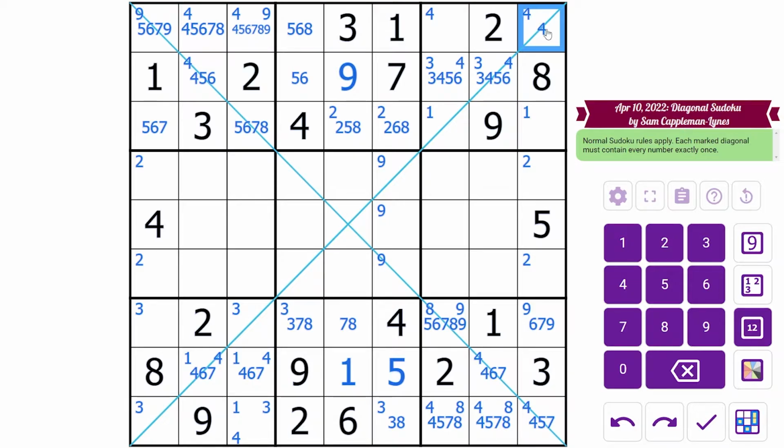It doesn't see its 4. It sees 5. It doesn't see 6, 7. So this is a 4, 6, 7. And here we've got our 1, 2, 3. Is that it? It is. So 4, 5, 6, 7.